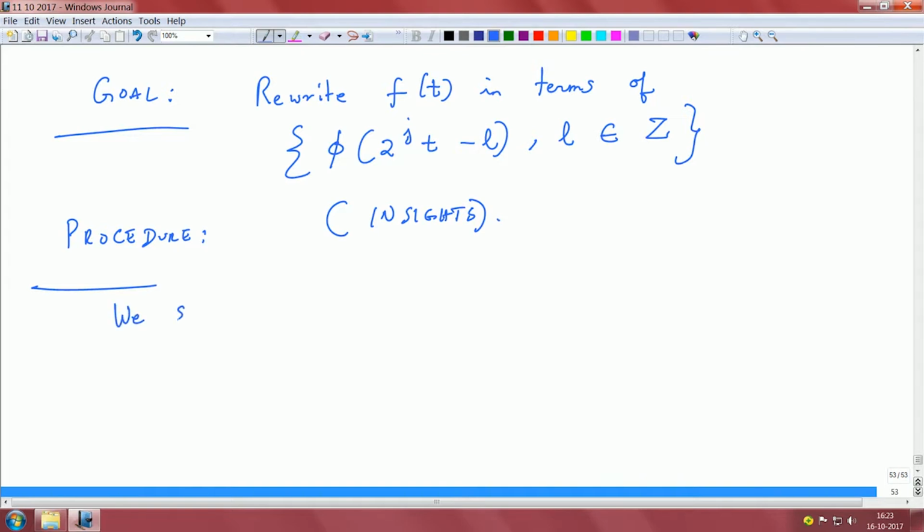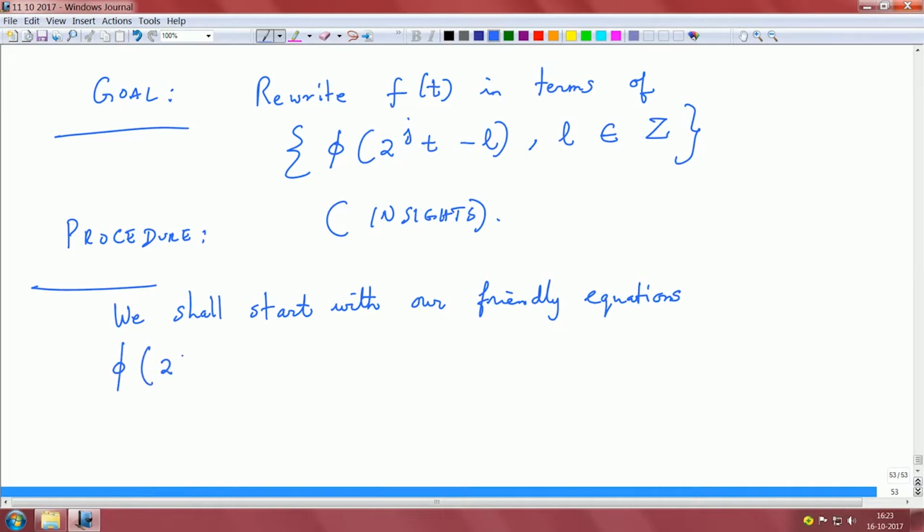So, we should start with our, I call them friendly equations, and I call them friendly equations because we are seeing them over and over again.